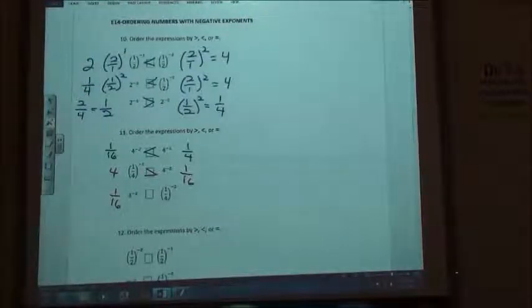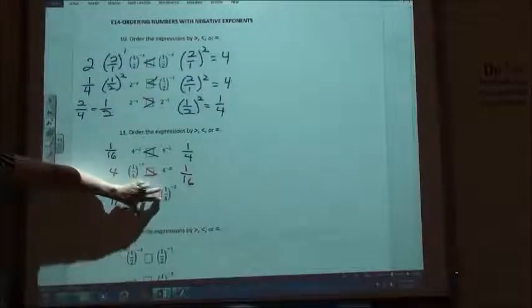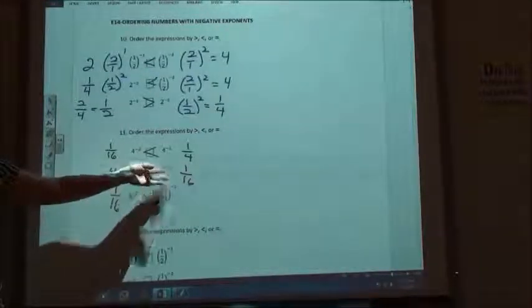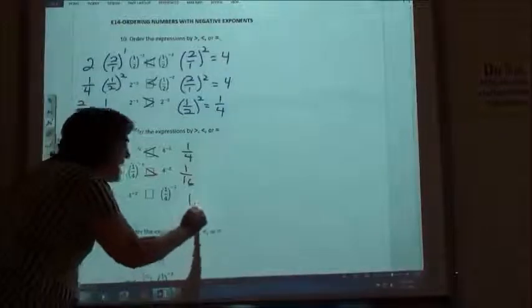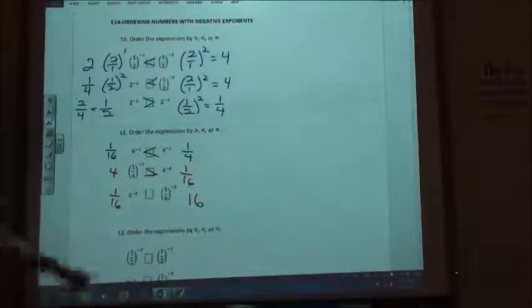If there were negatives on the bases, it'd make a difference, but since they're positive bases, it really doesn't make much difference. But what does the negative do? The negative does the reciprocal. So it's going to be 16 instead of 1/16, right? Yes. So the negative does the reciprocal of your base, flips it upside down. So if it's a fraction, it became a whole number. If it was a whole number, it becomes a unit fraction.